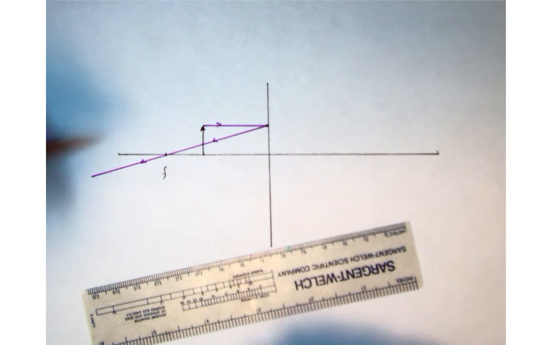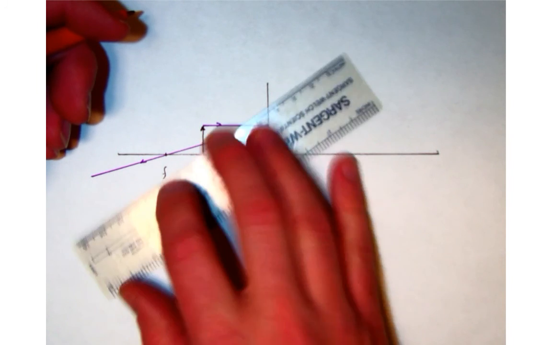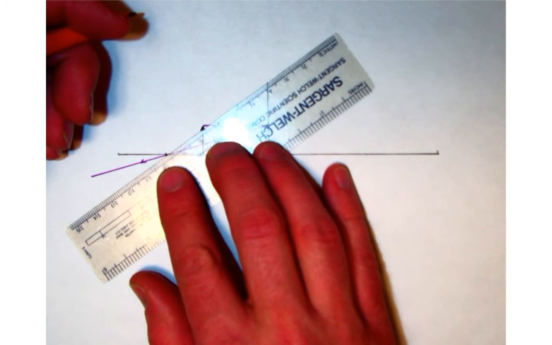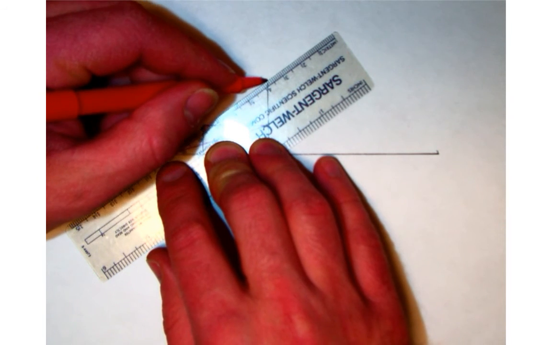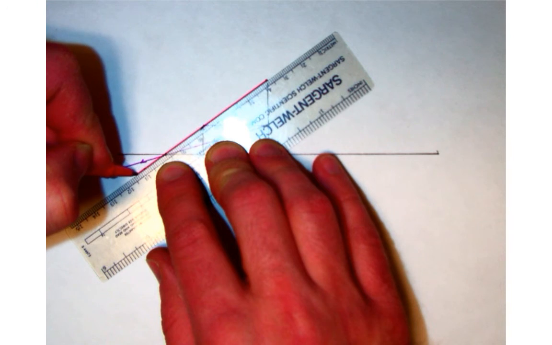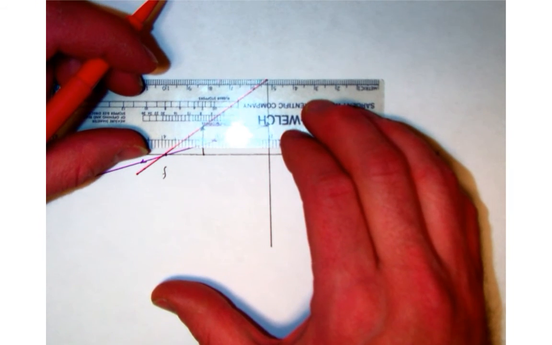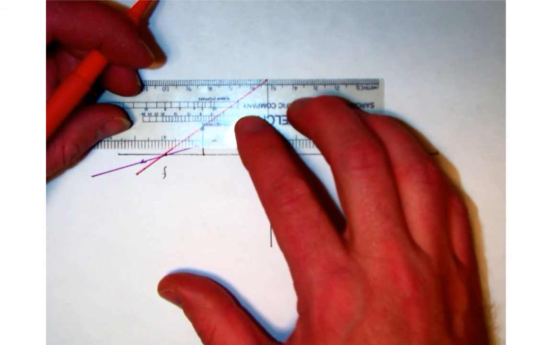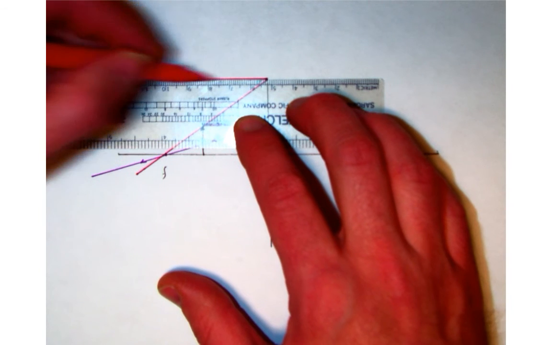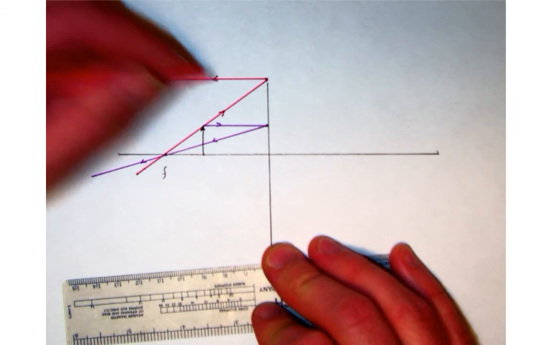Now the second ray that I draw is going to go through the focal point and the top of the object to the mirror. But then that one reflects back parallel. So this ray of light is coming like this, and then it bounces off the mirror parallel.